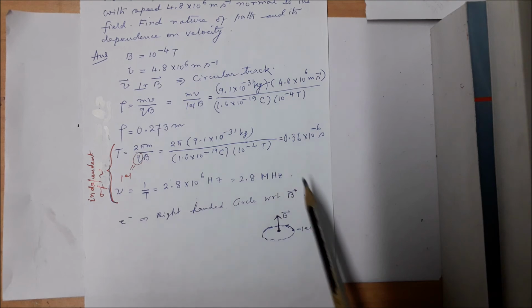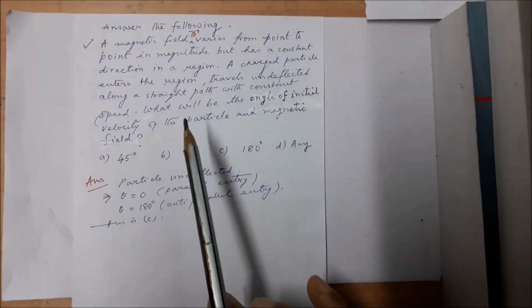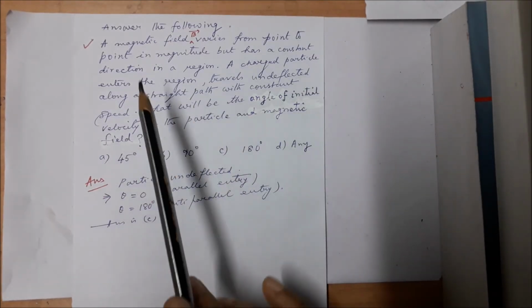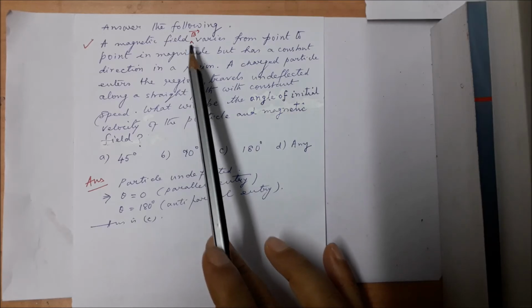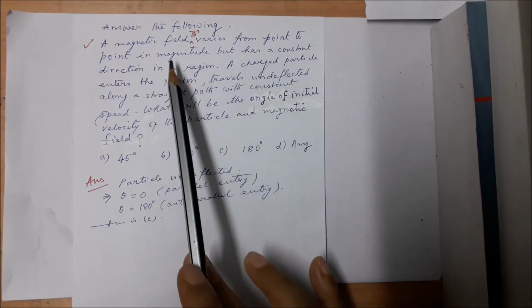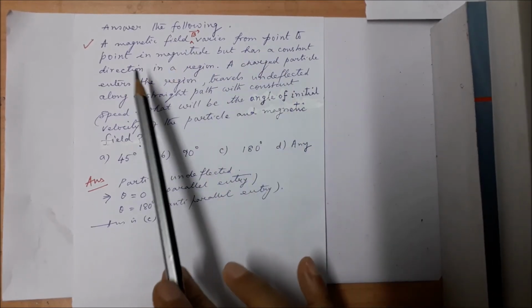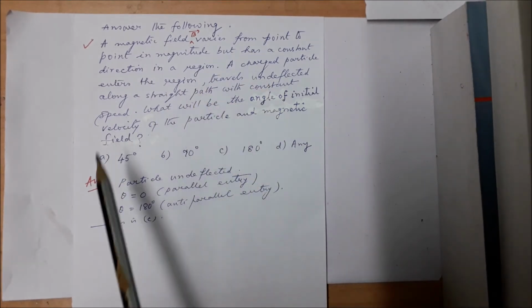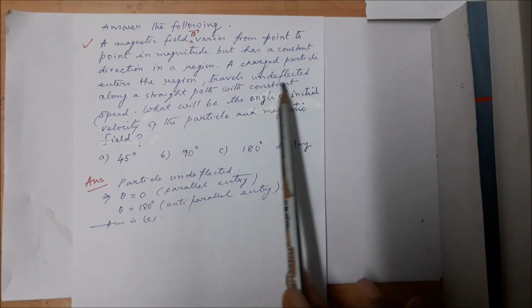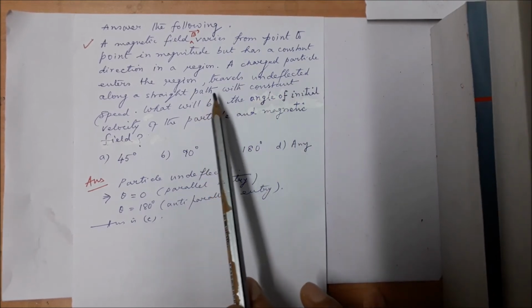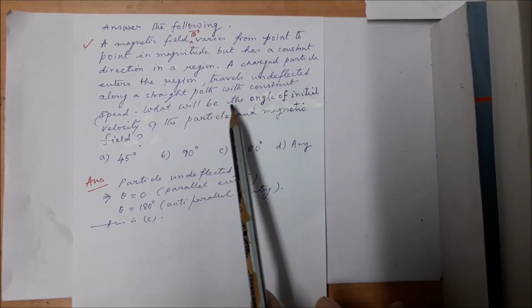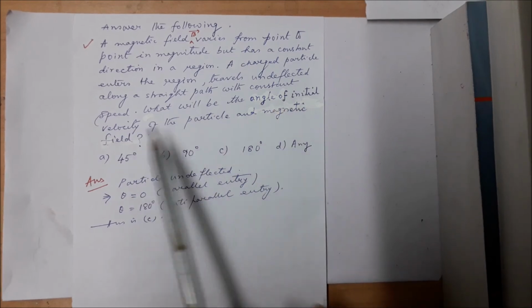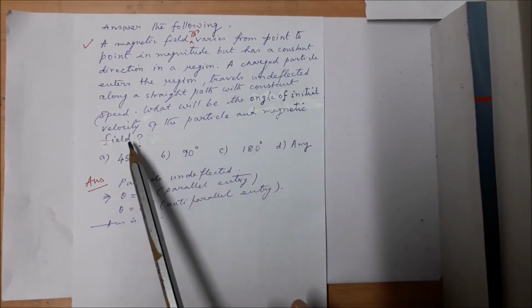Now comes another MCQ, that is multiple choice question, which says that a magnetic field B varies from point to point in magnitude but has a constant direction in a region, and a charged particle enters into this region and it travels undeflected along straight path, and we have to find the angle of initial velocity and the field.